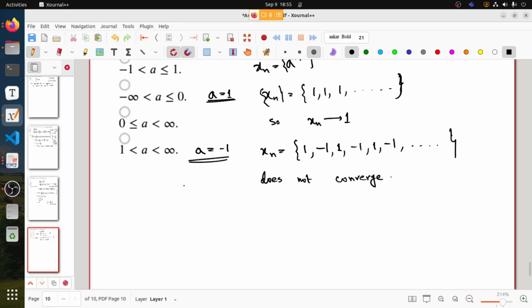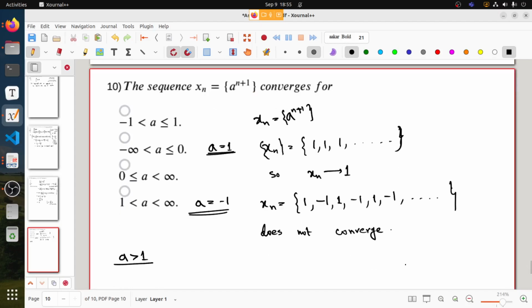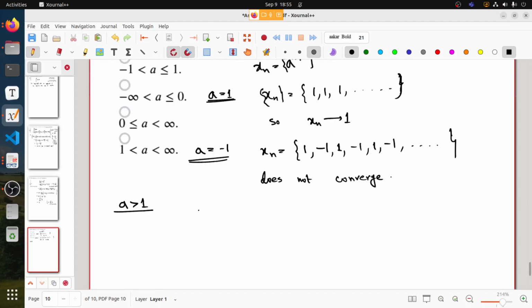Now check for a greater than 1. If a is greater than 1, then you can write a equals 1 plus k, where k is bigger than 0.